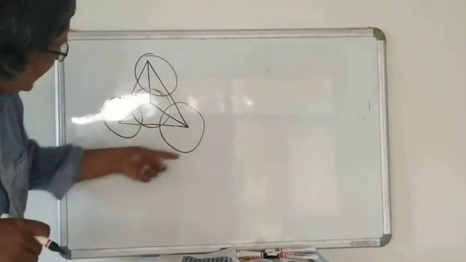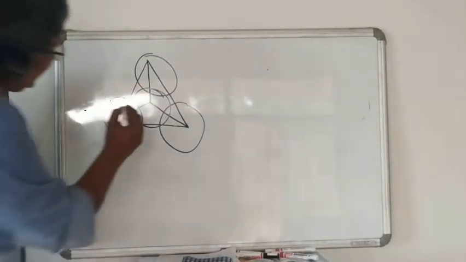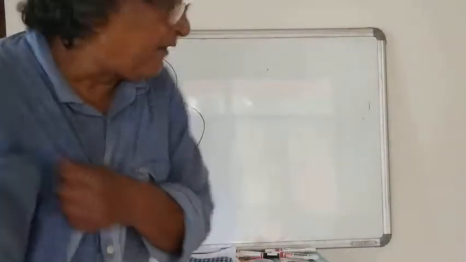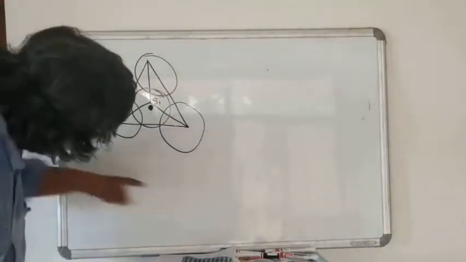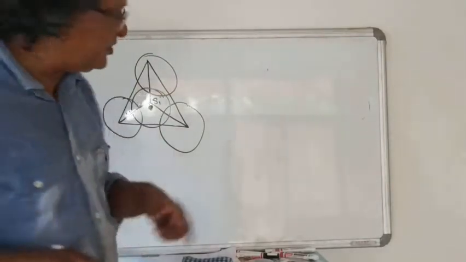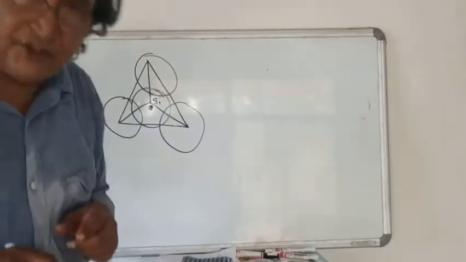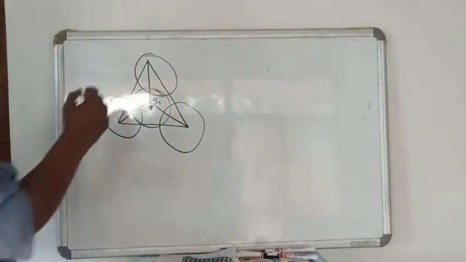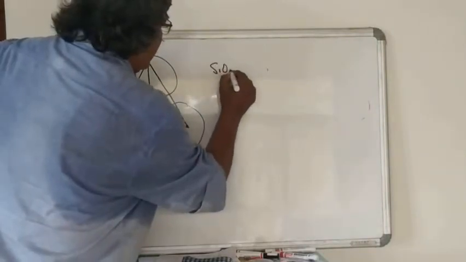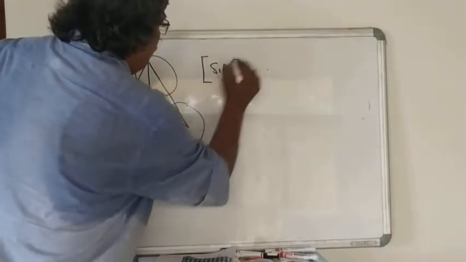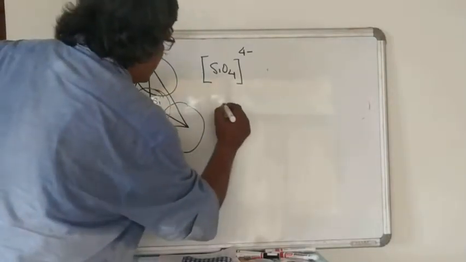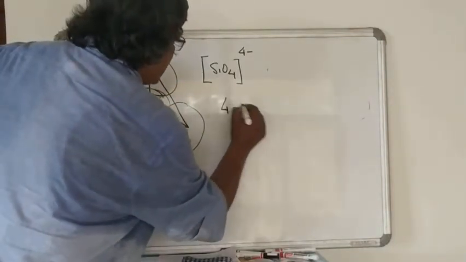So it's called an SiO4 tetrahedron, where inside there is the small silicon atom of 0.42 angstroms surrounded by oxygen atoms which are 1.40 angstroms, as we have talked about. So essentially, this is SiO4 4 minus, and the coordination number is 4.